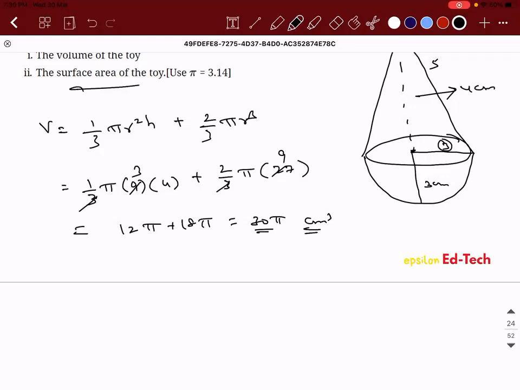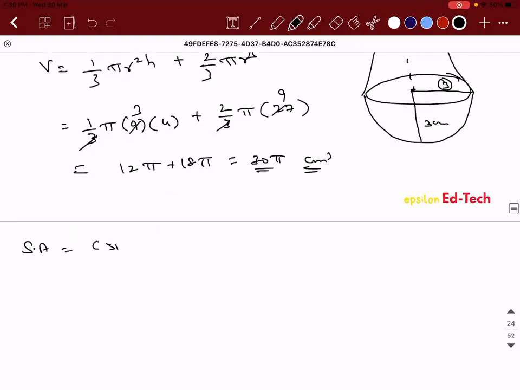Then what about the surface area of the toy? So CSA of cone plus CSA of hemisphere. Correct. So what is the curved surface area of cone? Pi r... Pi r l, sir. Pi r l plus curved surface area of hemisphere, that is 2 pi r square.